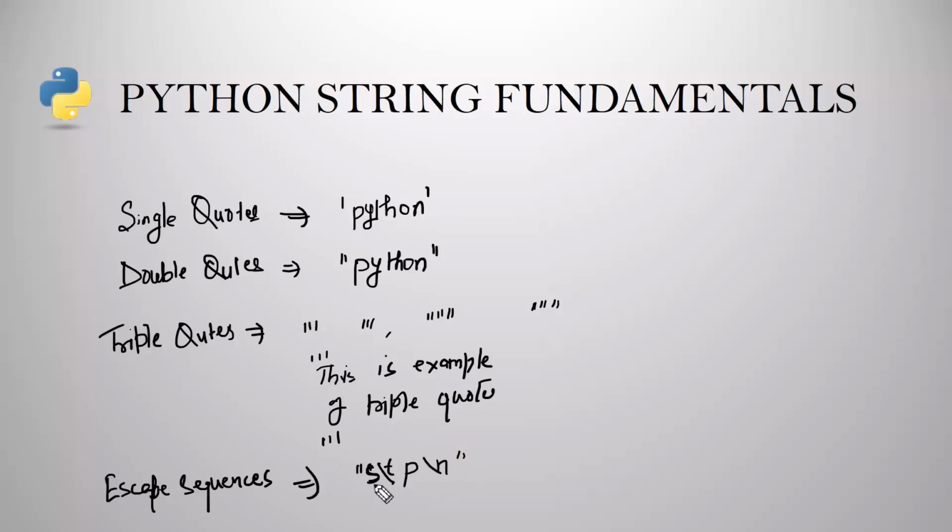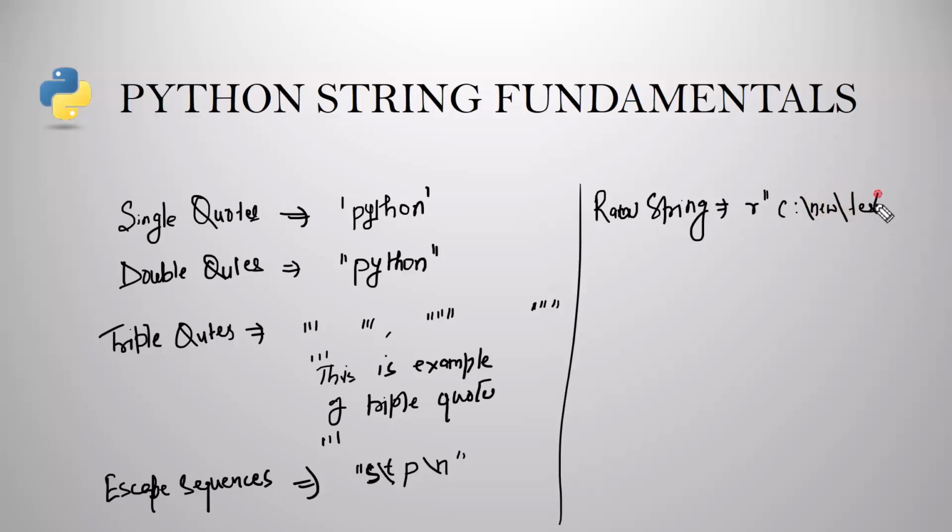Then there are raw strings. For a raw string, you write R before the string. Usually if you are not using a raw string, we need to escape this slash, but if you're using the raw string, you don't need to escape this slash, everything is taken as text.